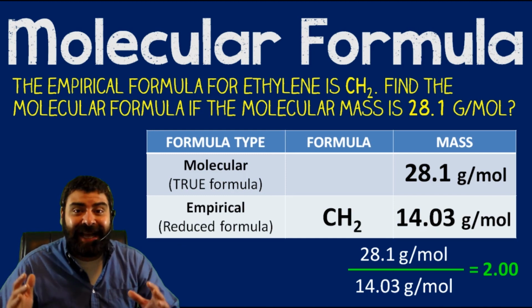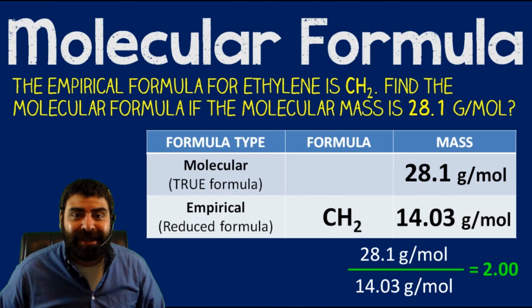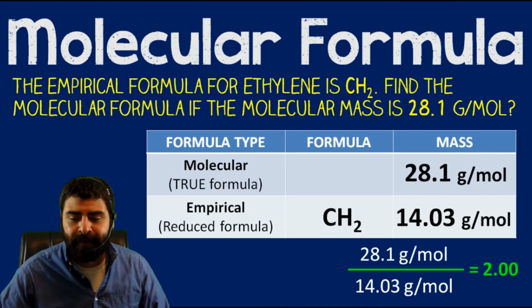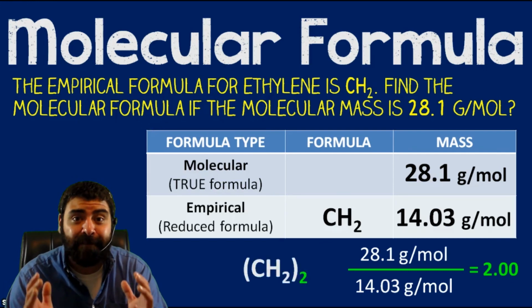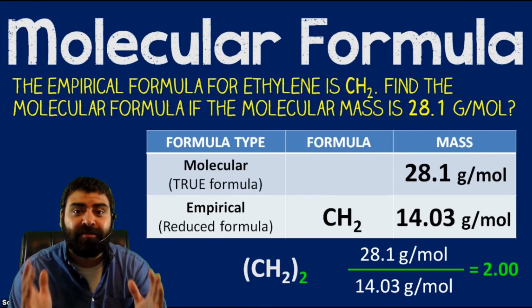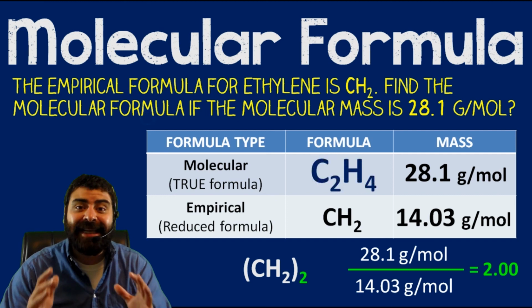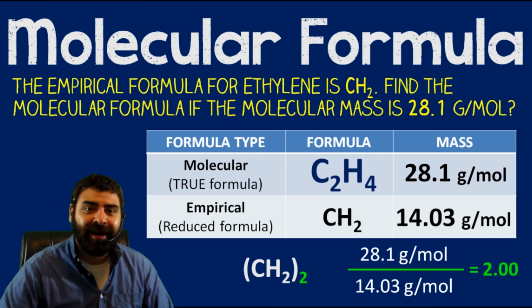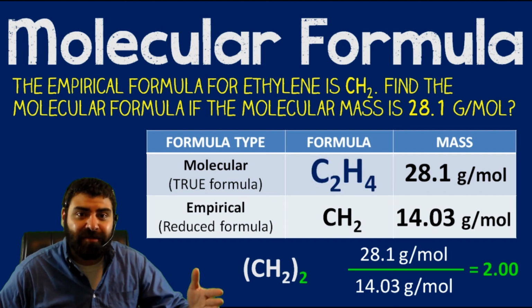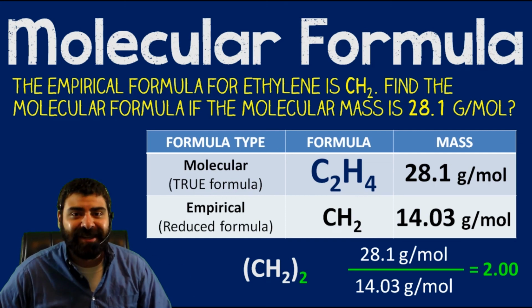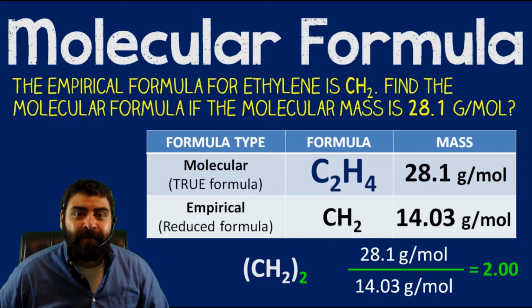That means that the formula must be 2 times greater. So if the empirical formula is CH2, we can multiply that by 2 and we get the true molecular formula, that mama formula, as C2H4, multiplying our 1 to 2 ratio by 2 and getting a 2 to 4 ratio. And now we have molecular formula.